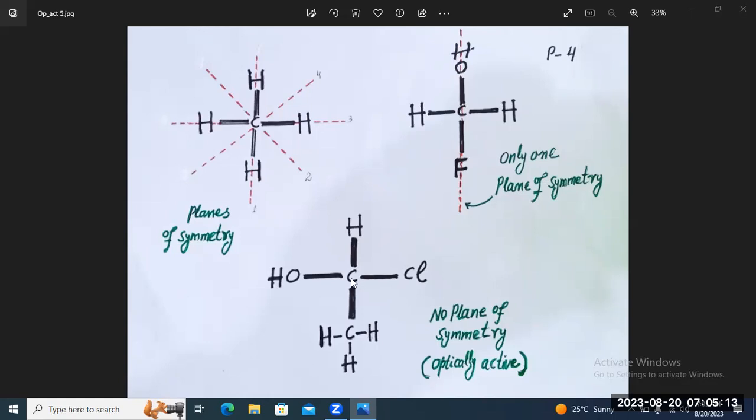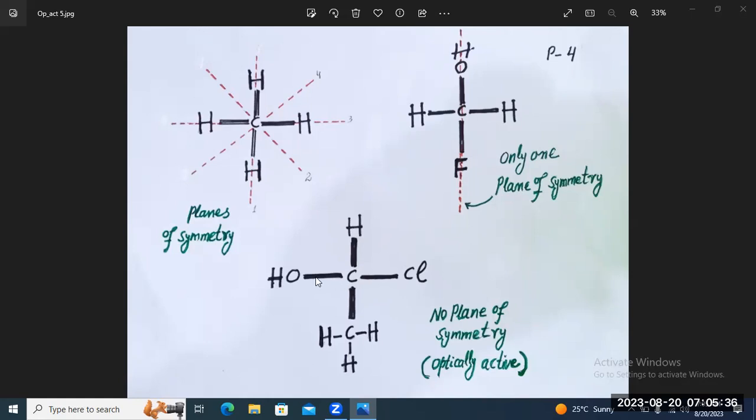See here, this carbon contains 4 different atoms or groups. So this carbon is bonded to hydrogen, chlorine, methyl group, and the OH group.